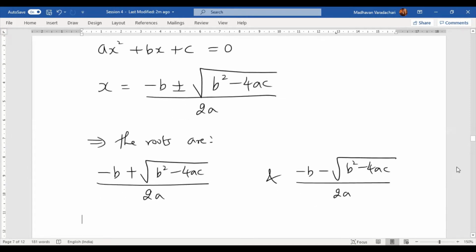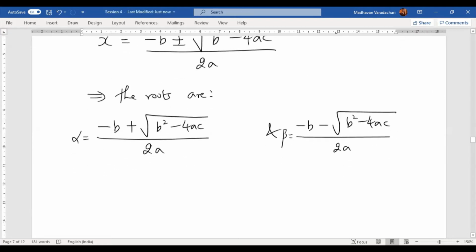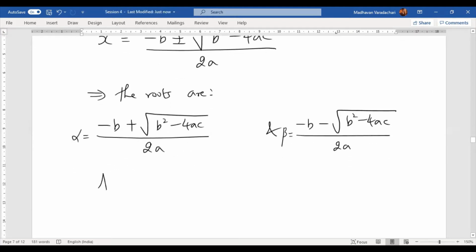Now let us consider this as alpha and this as beta, assuming the roots as alpha and beta as above.